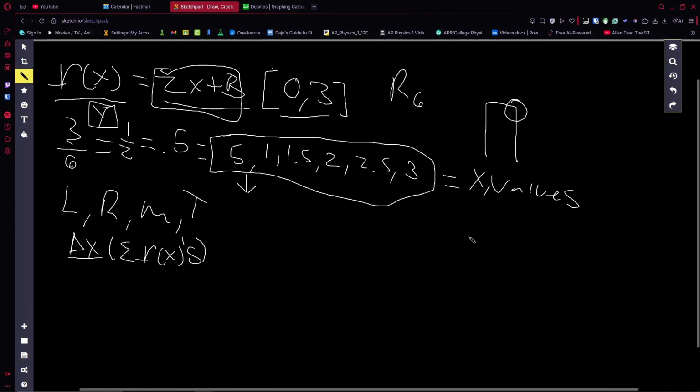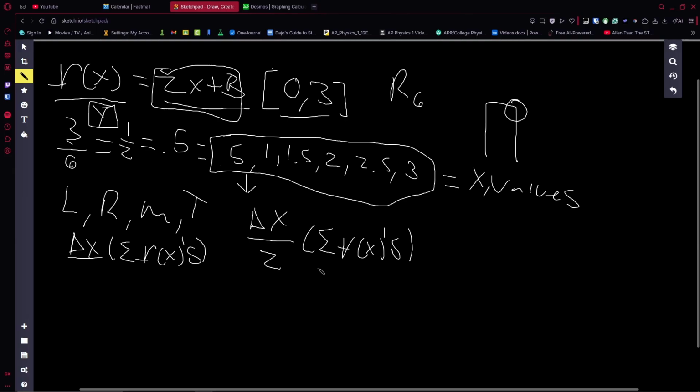Now, in terms of trapezoidal Riemann sums, this one is one of the more complicated versions, but the equation is going to be change in x over 2 times the sum, once again, of the functions. But there's a caveat to this, and the caveat is that you're going to have to double.